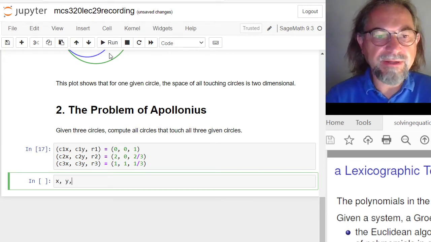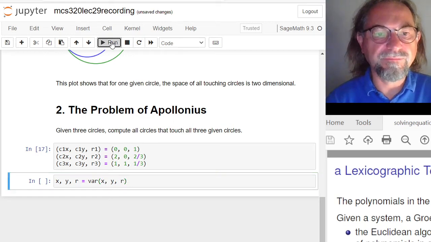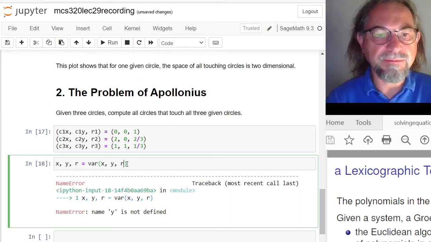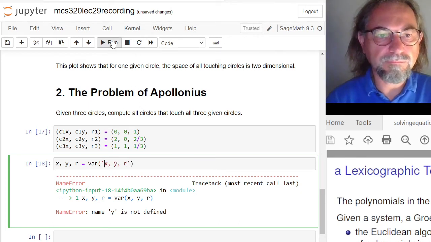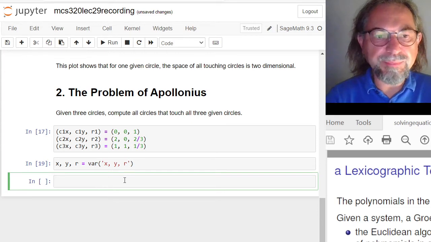I have x, y, and r as my variables, but I will have an r later on. So let me declare all variables that I need. I will set up the equations for the circles.